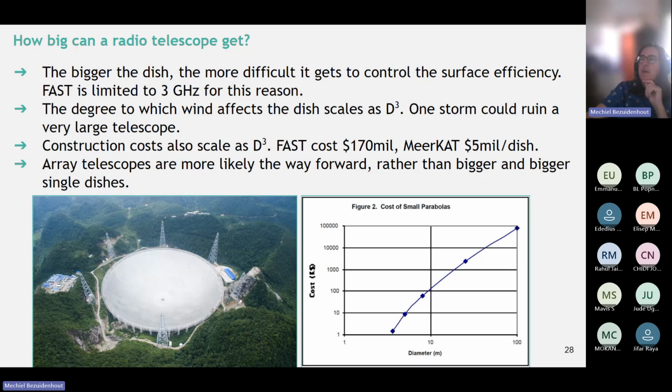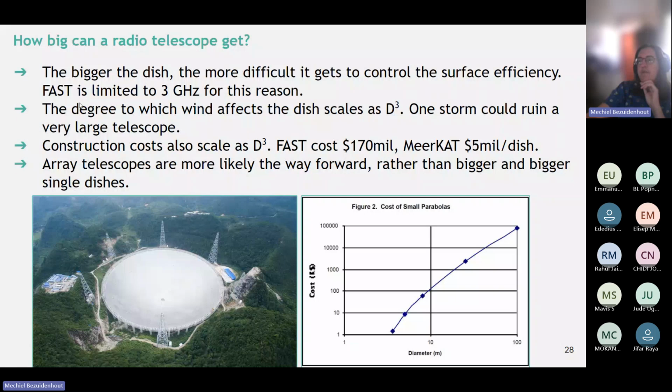And remember that this gets worse for higher frequency observations, right? Because you have a smaller beam. And so for a telescope like FAST, which is the 500-meter aperture telescope in China, it's 500 meters wide. This surface efficiency is the reason why they can't go above 3 gigahertz. Above that, it's just impossible to get a smooth enough surface on the dish.